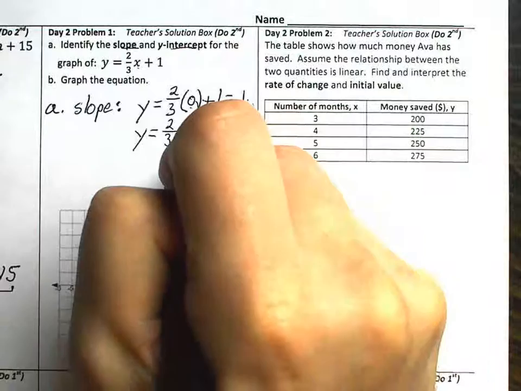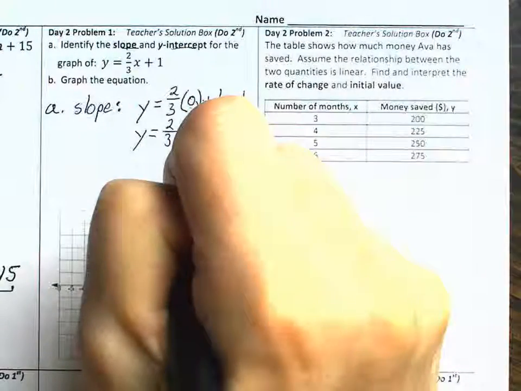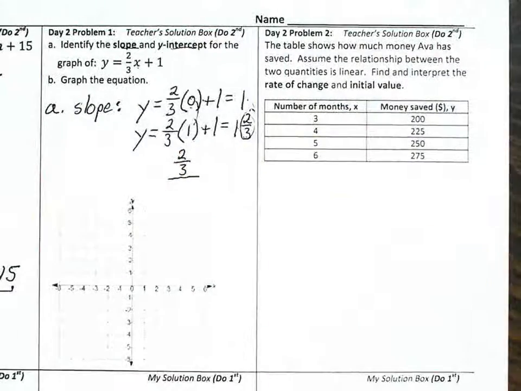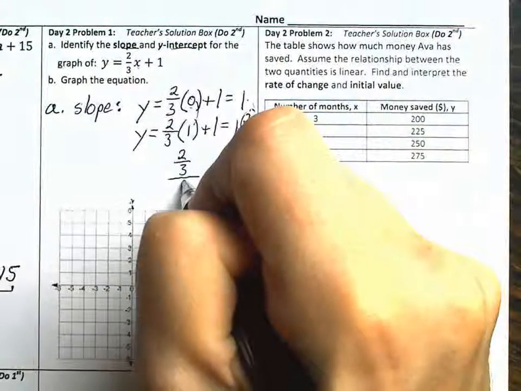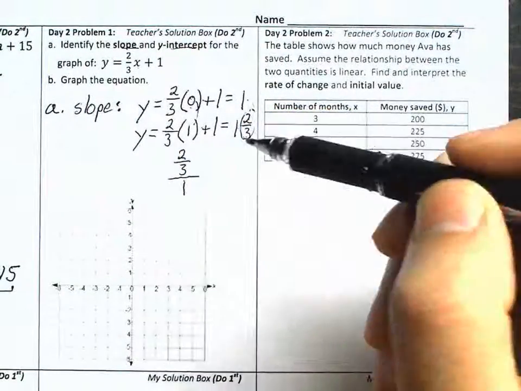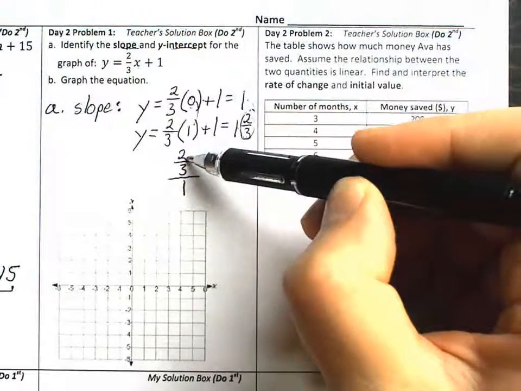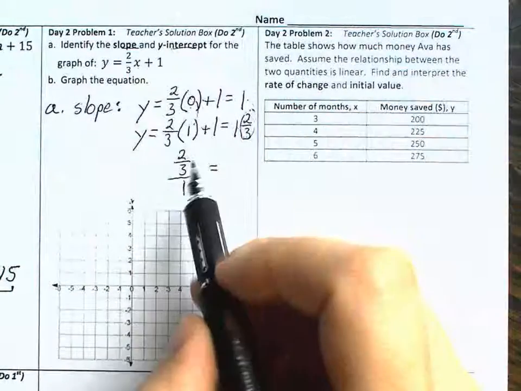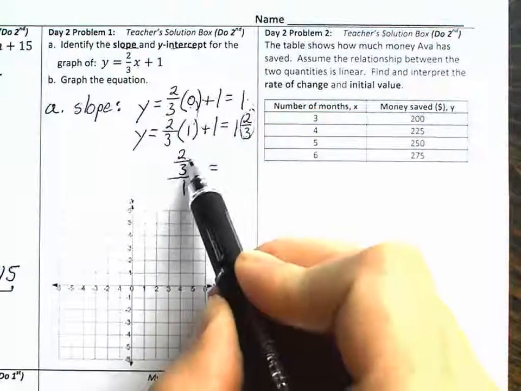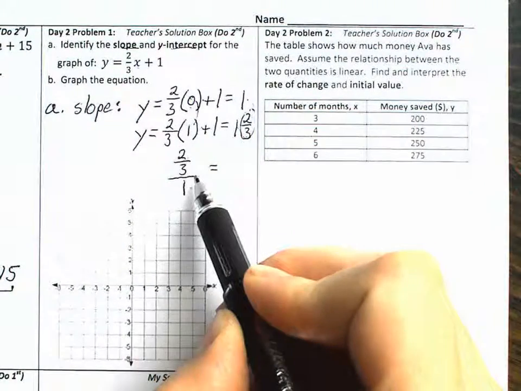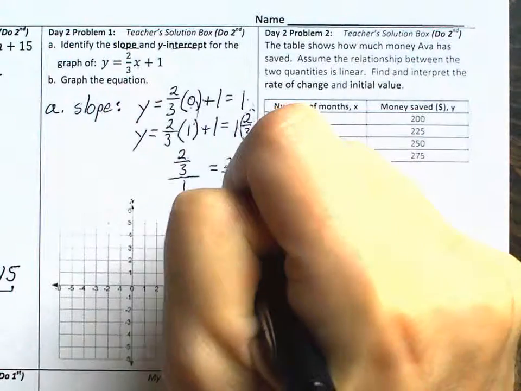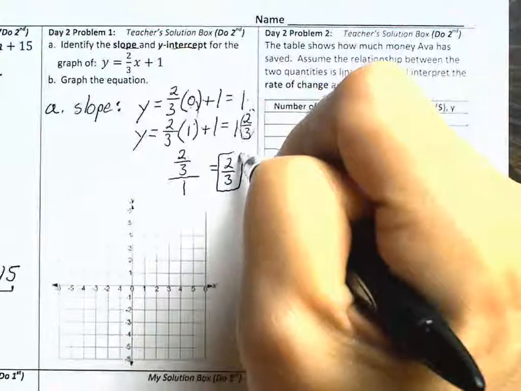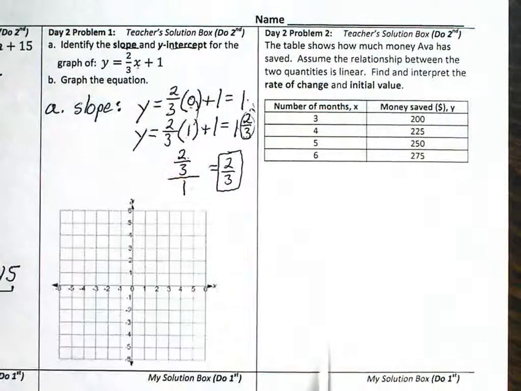So the y value has changed by 2/3 when the x value increased by 1 unit, and that creates the ratio of 2/3 compares to 1. Now this does simplify. Just any number, or even a fraction like this, over 1 could just be written as 2/3. And so here is our slope for the graph of this equation.